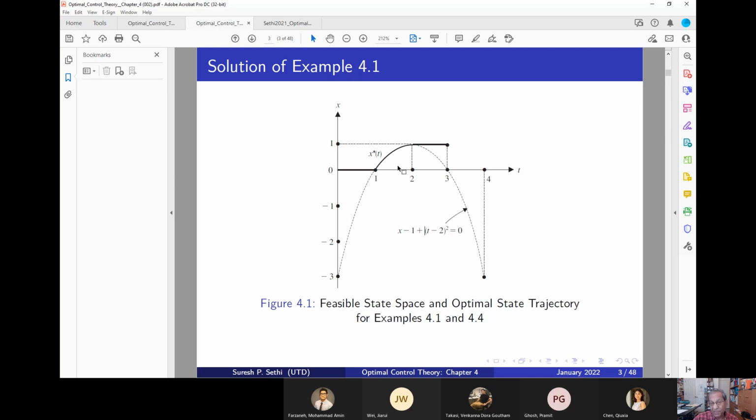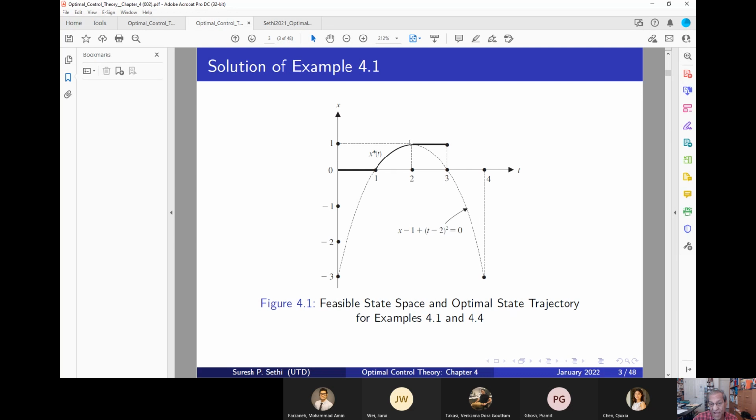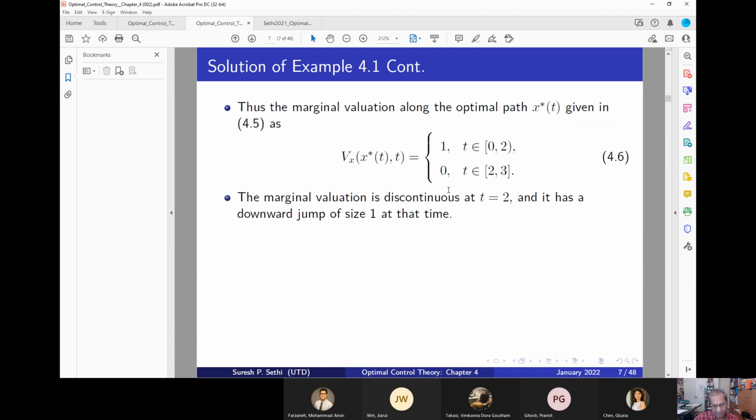But before 2, we already found out the lambda is going to be 1, because V sub x is 1. So V sub x has to be 1 at T minus. That means at 2 minus, it has to be 1, and then it is 0 at 2. Okay, so that's why I need T minus.